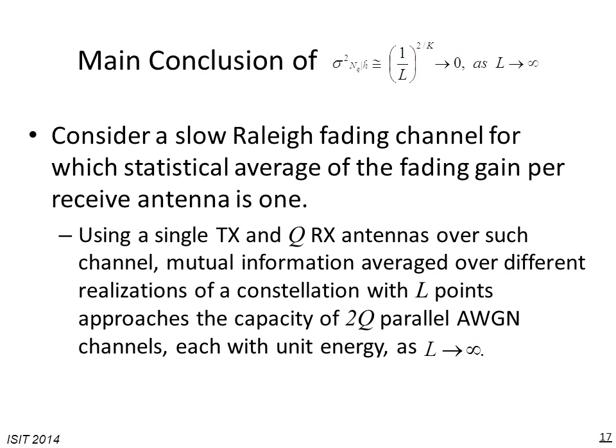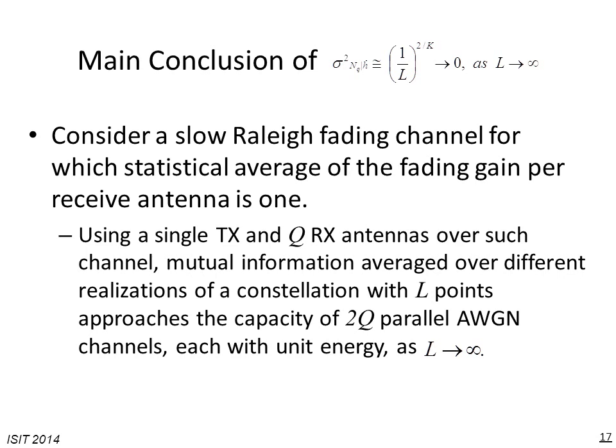Then, using a single transmit and Q receive antennas over such a channel, the mutual information averaged over different realizations of a constellation with L points approaches the capacity of 2Q parallel AWGN channels, each with unit energy, as L tends to infinity.